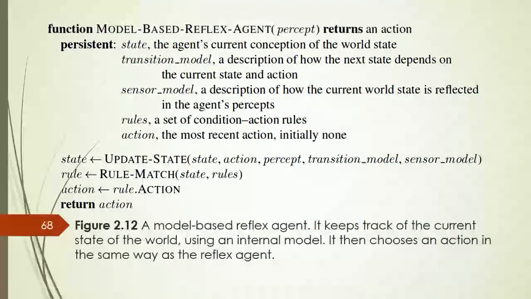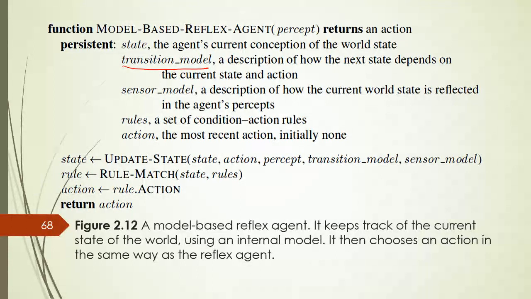Pseudocode for this model-based reflex agent will be something like that. You need to have states, the agent's current conception of the world state. Transition model means a description of how the next state depends on the current state and action. So we build up a model.